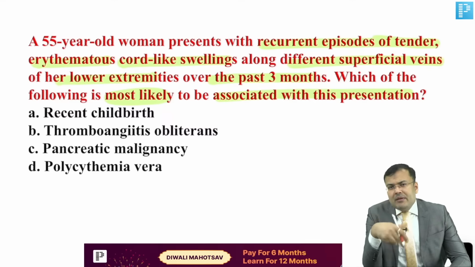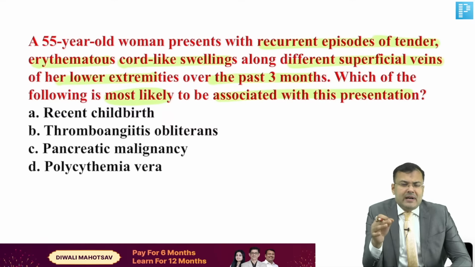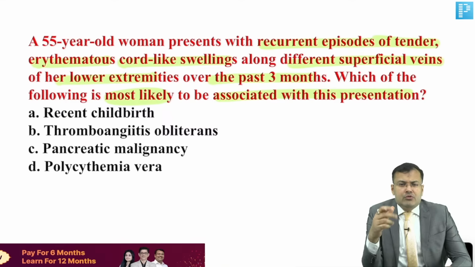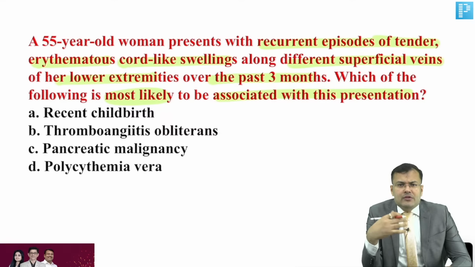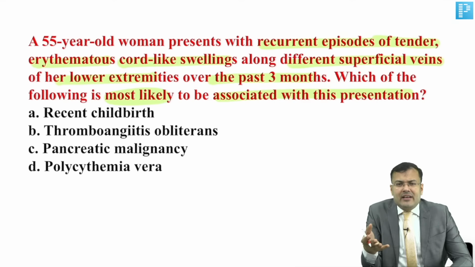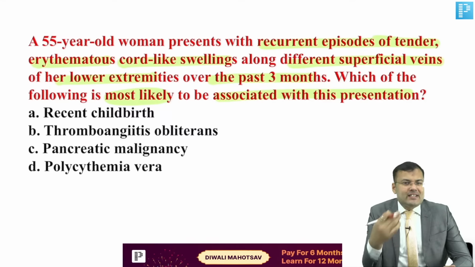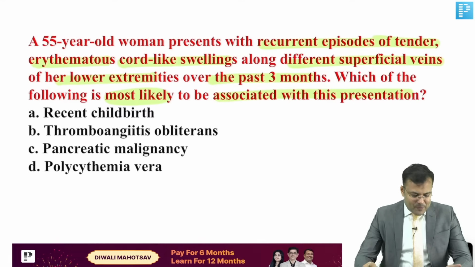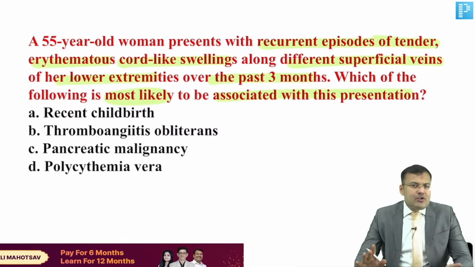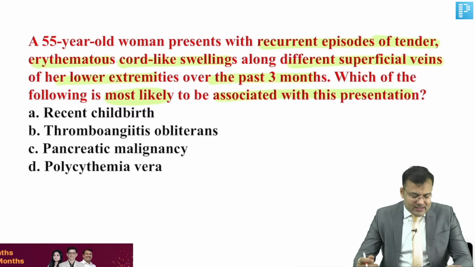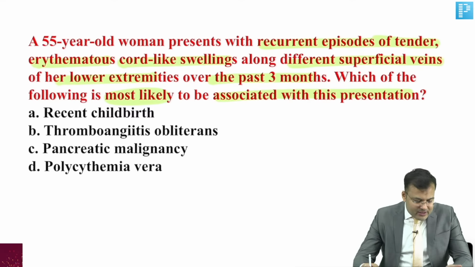If a patient is having migratory superficial thrombophlebitis, this is known as Trousseau sign, Trousseau syndrome. Tell me. What is the name of this condition? Very good.